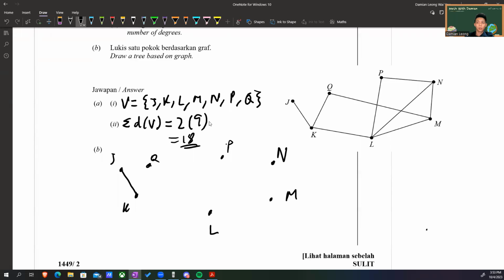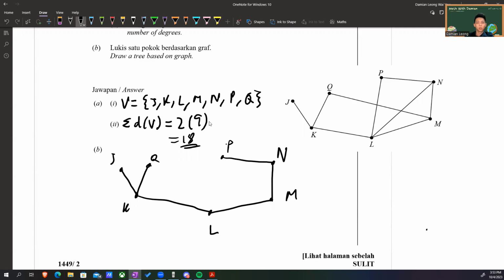Then K can either connect here or connect here. Doesn't really matter. Let's say I try like this, then go this way. That's one possibility. Instead of joining here, I can connect like this also.